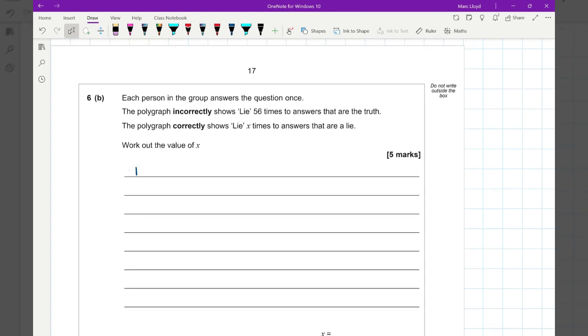So said truth, and it wrongly says lie. Then we're multiplying it by a number, which will be the population, and it came out as 56. So 0.8 are telling the truth, and then 0.1 it will say lie.